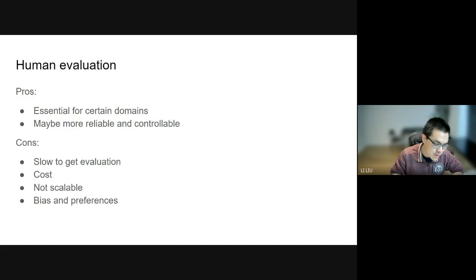It's also not very scalable: when the volume of API calls increases, we also need more humans to do evaluation. And it also introduces bias and preferences of the individual human evaluators.